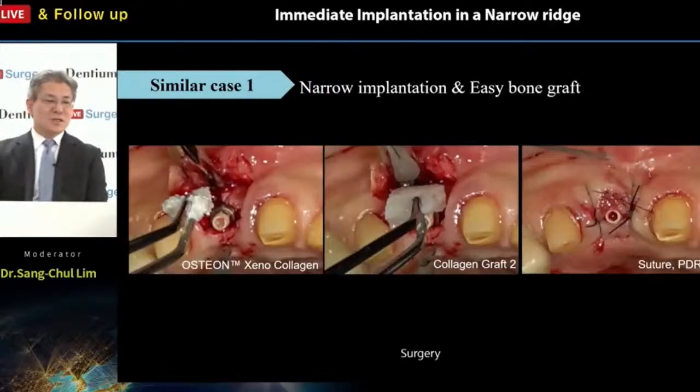And the last one gives us contour augmentation, right? The labial portion is enlarged in volume, not just by bone formation. The soft tissue volume enlargement also gives us good advantages for the final result.